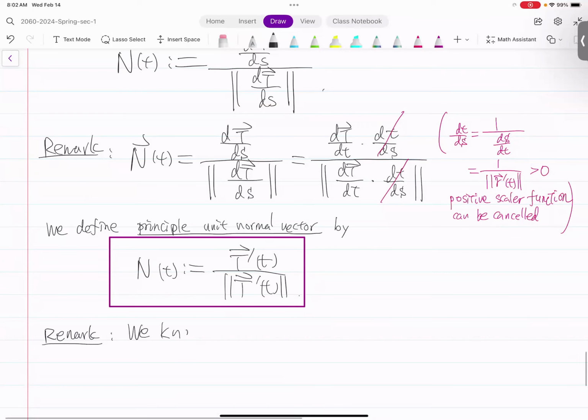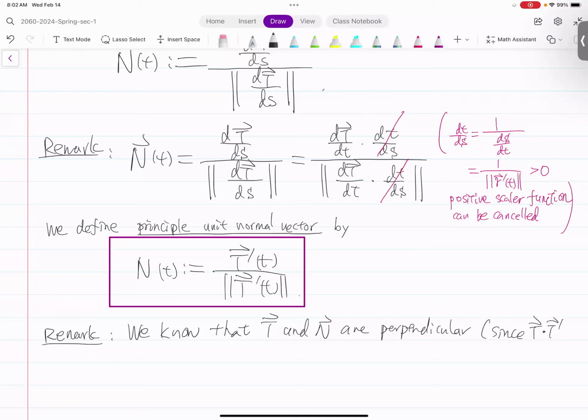We know that T and N are perpendicular, since T dot T prime is 0. And so this is something we have done. Let me see. In 14.2. Okay.